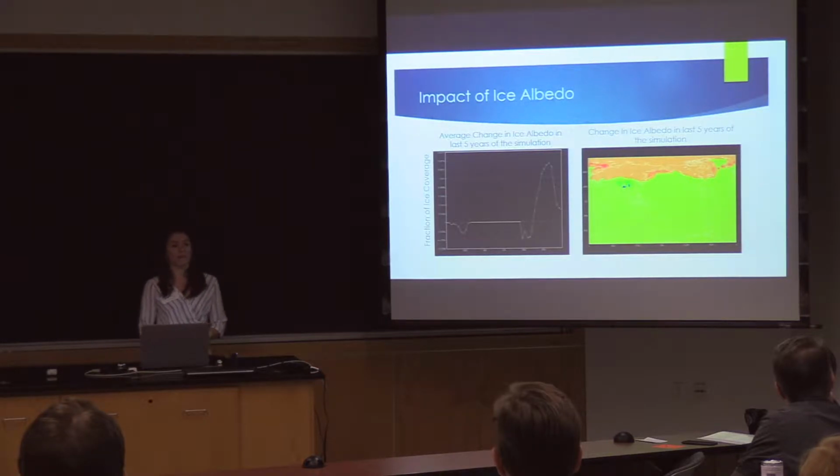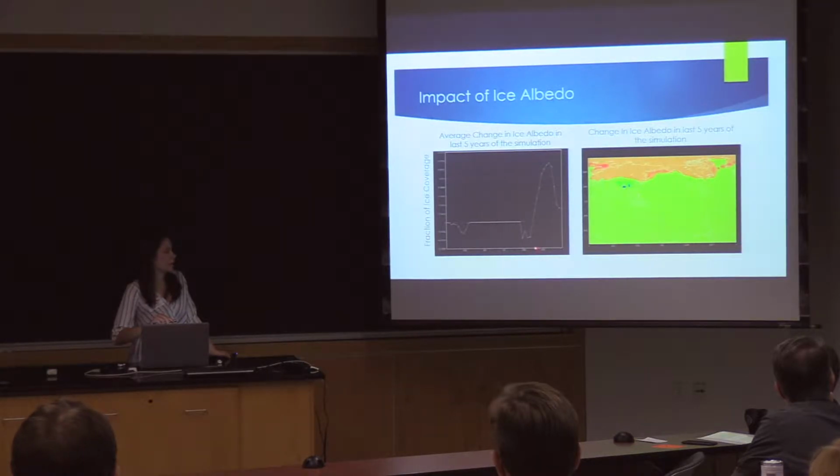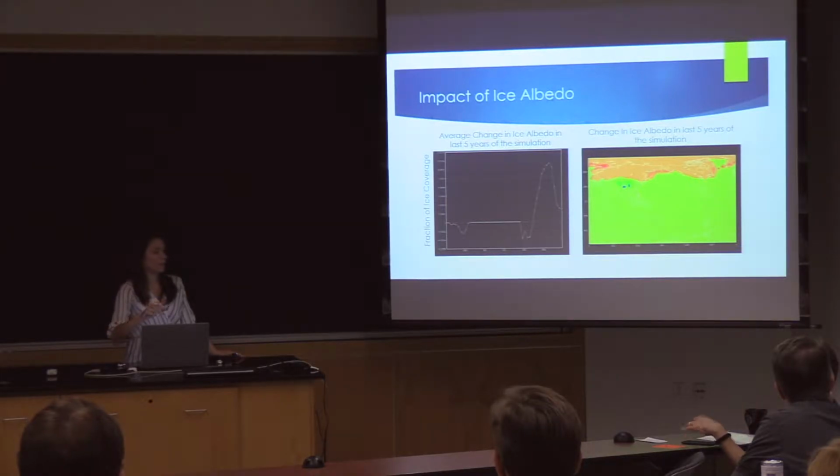So I took the average change in ice albedo in the last 5 years of simulation, and over here you see from 30 north to 90 north, this is the extratropics region where we are interested in studying the non-local effect. And remember, the average change in temperature was 0 here. So over here we see the ice coverage increase a lot.